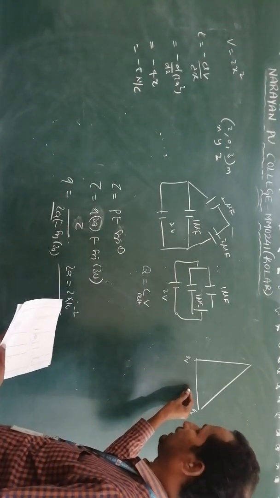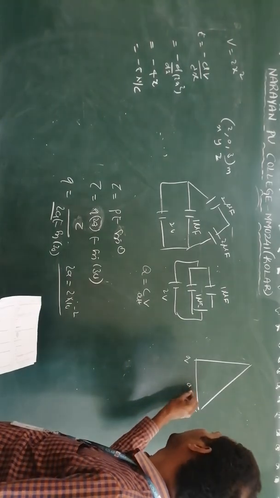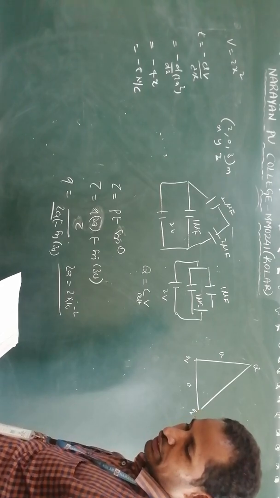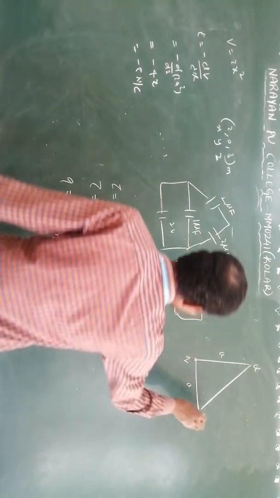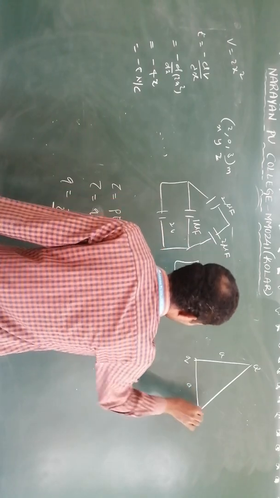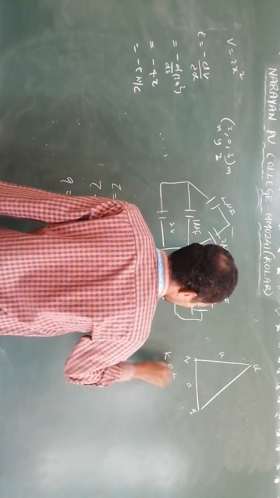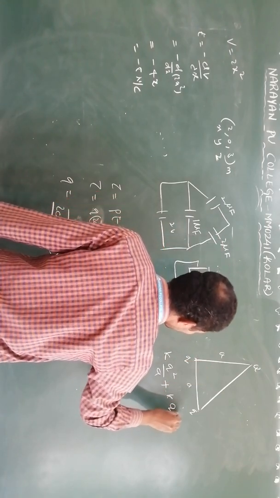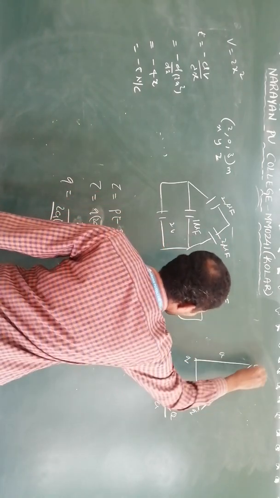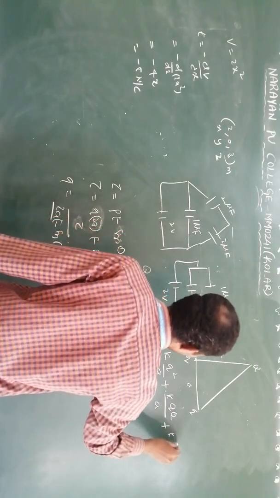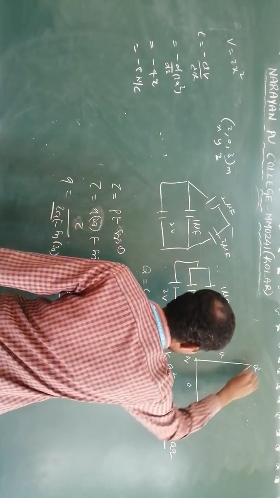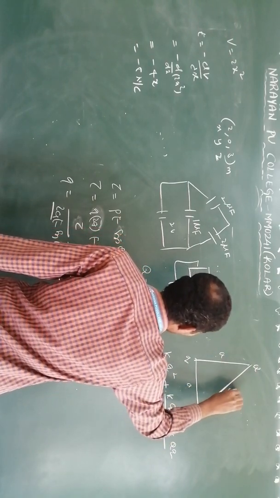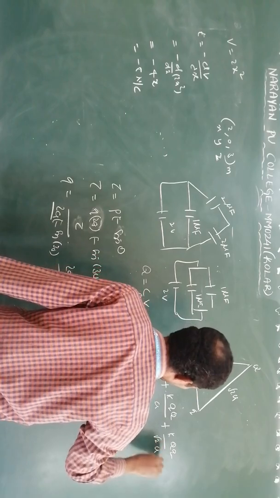This length is given; take it as, let's say, A, and this is A, and this is capital Q. They are asking for the Q value in terms of small q. Find the total energy: first between these two, K q square by A, plus between these two K small q capital Q by A, plus between these two K capital Q small q by, what is the distance? This one, root of A square plus A square, so root 2A.